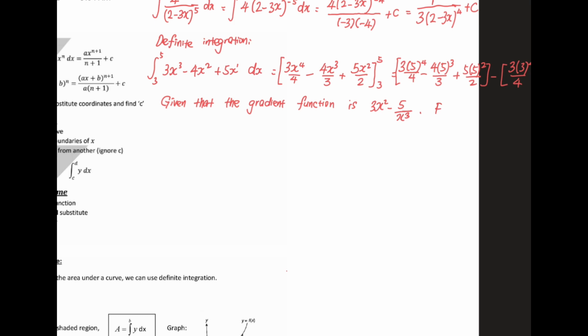Let's say another example. So given that the gradient function is 3x squared minus 5 over x cubed, find the equation of curve where the curve passes through point (1, 2).